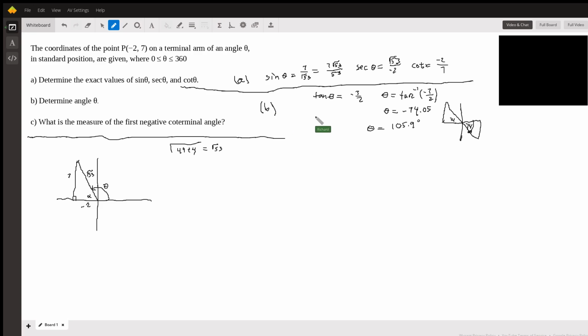And then what's the measure of the first negative coterminal angle? So once again, a diagram helps. So you want an angle that looks like that, basically, in the negative direction.